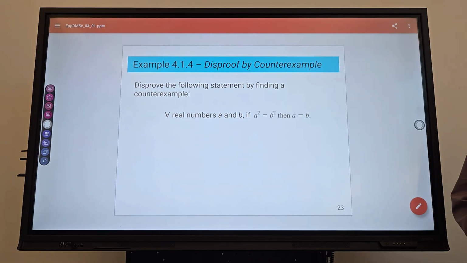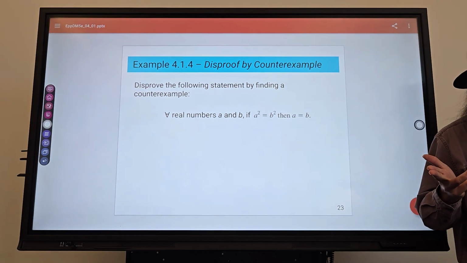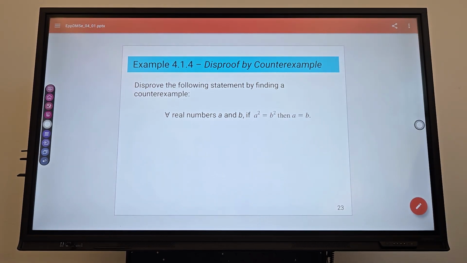Yeah, but a and b are not equal. Two and minus two? Yeah, it's not positive integers, it's all real numbers.